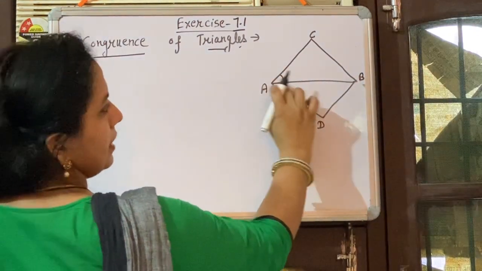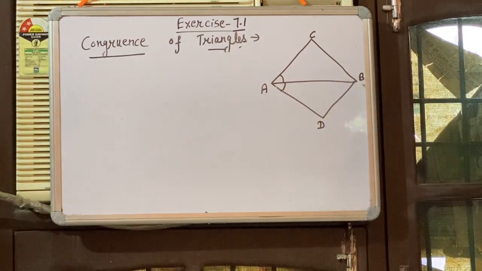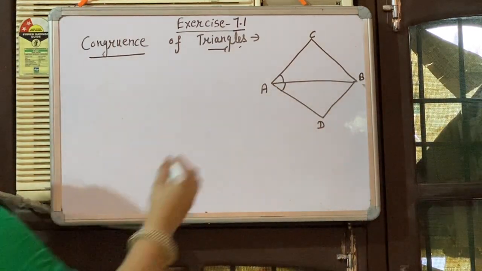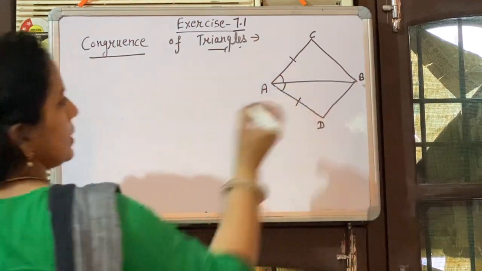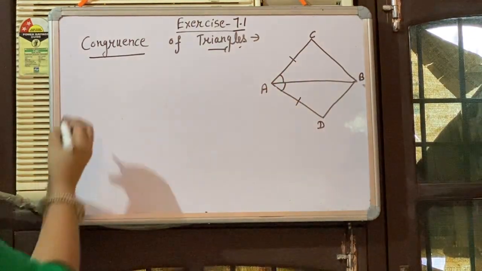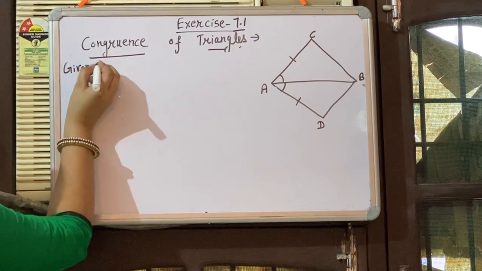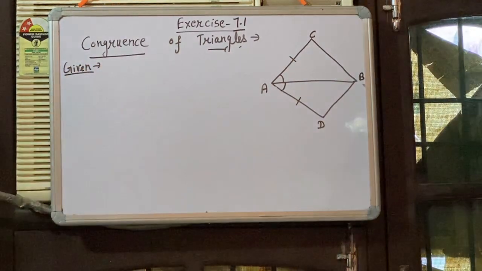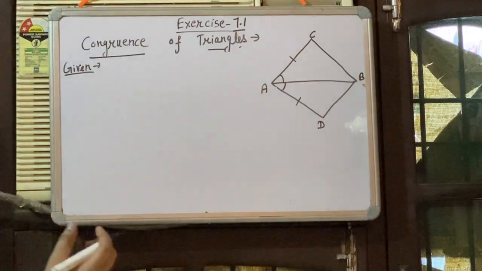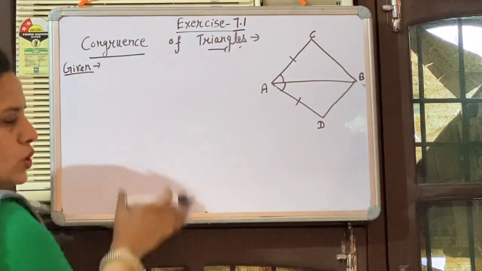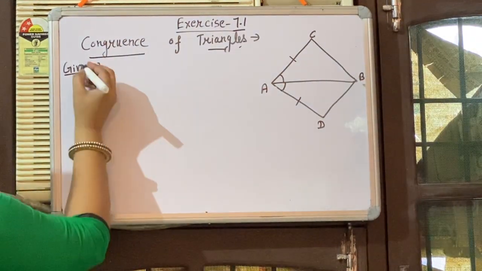This line is the bisector of this angle. It is given in the question and two sides are also equal. So we have to do this question in a systematic way. That means you have to write in your solution step by step.